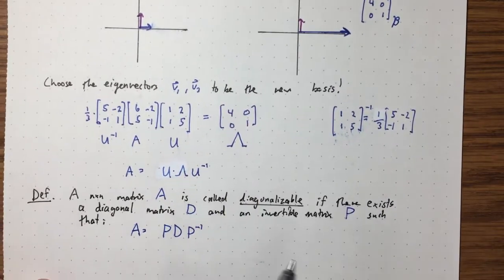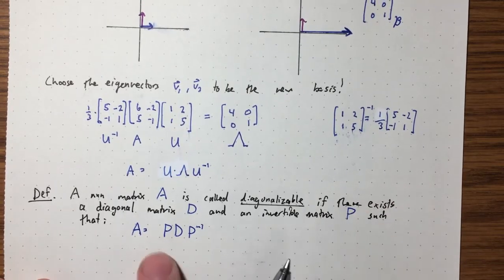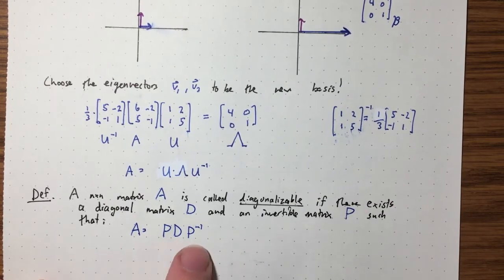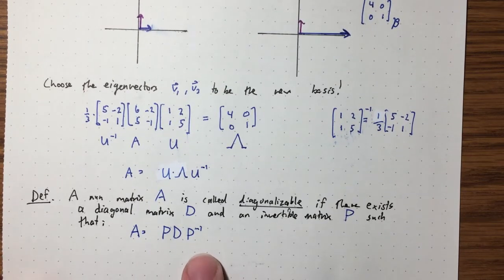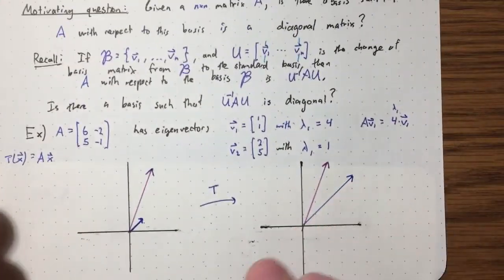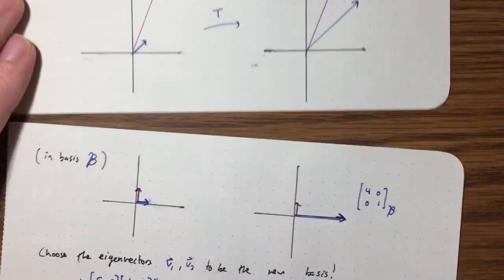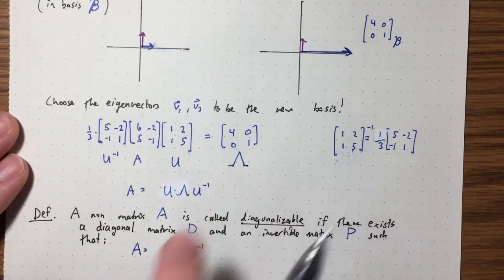But I wanted to do this example before I just give you this definition, because if I just say this, you're going to ask me all kinds of questions, like, where did this come from? Why might we want to do this? It came from wanting to change the basis so that we could write our linear transformation as a diagonal matrix. And that's exactly what we did here.